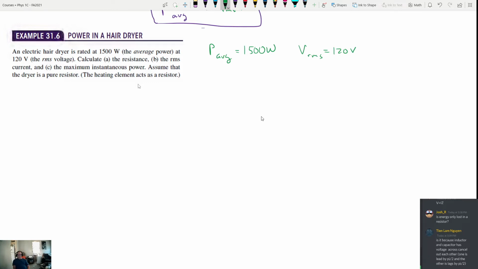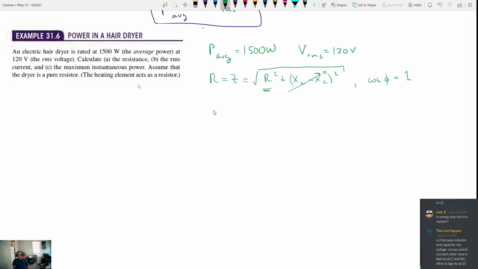Well, this problem's pretty easy. If it's a pure resistor, that means that R is equal to Z. To see why that's the case, Z is the square root of R squared plus (XL minus XC) squared. If it's a pure resistor, that means this is 0, so Z is equal to R. If Z is equal to R, that means cosine phi is equal to 1.